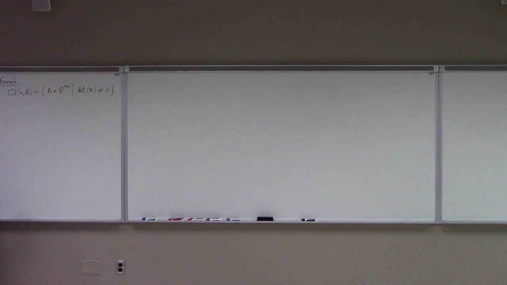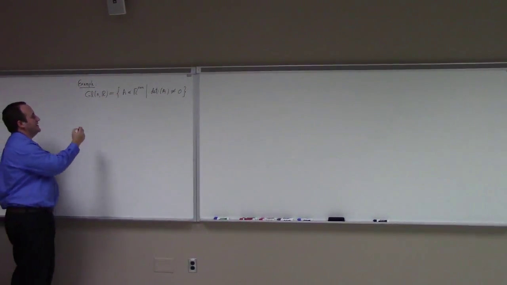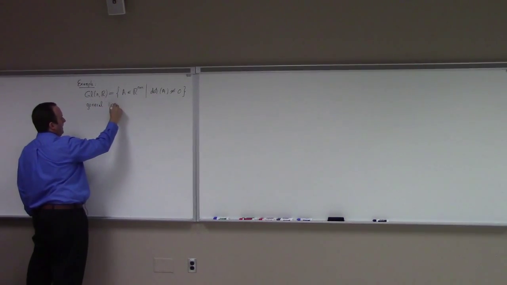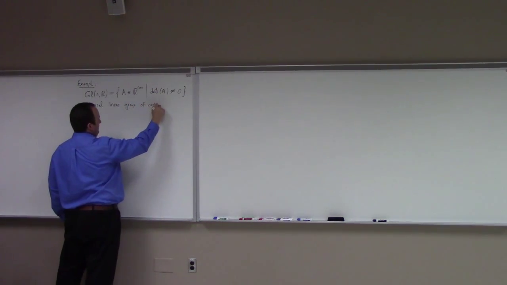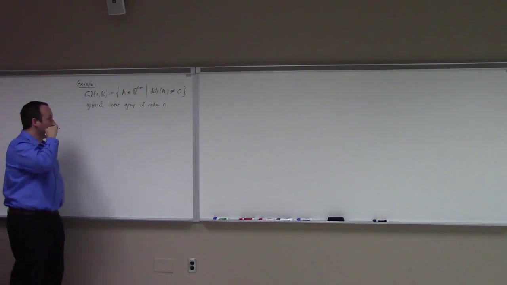All right. So that's the definition of the general linear group of order n, with respect to the reals, of course.